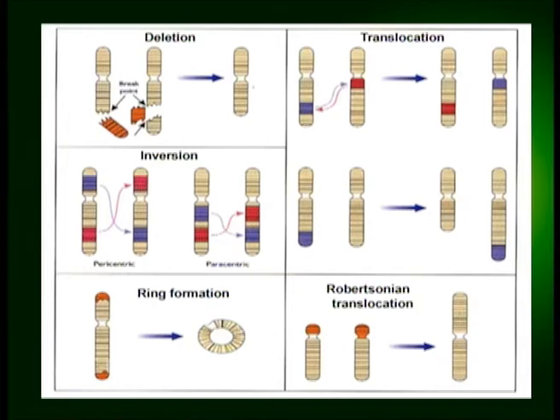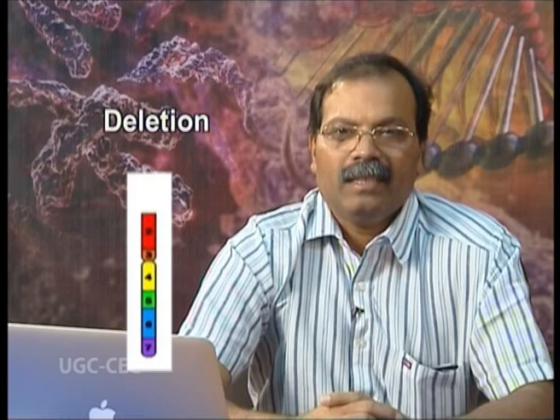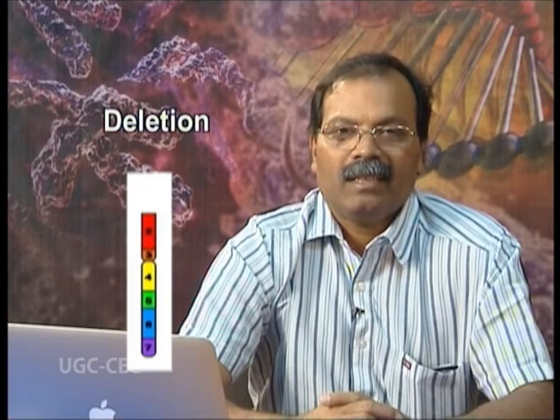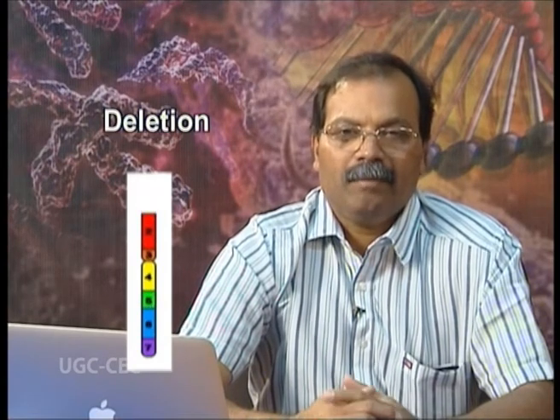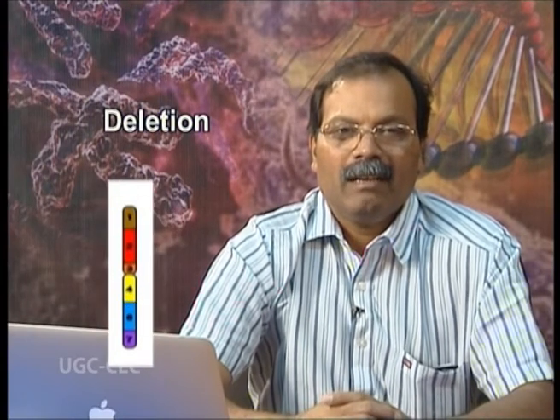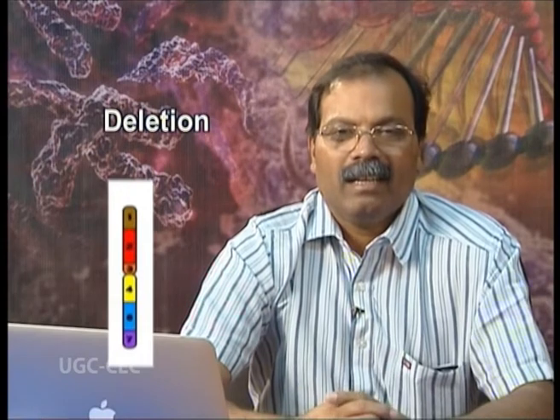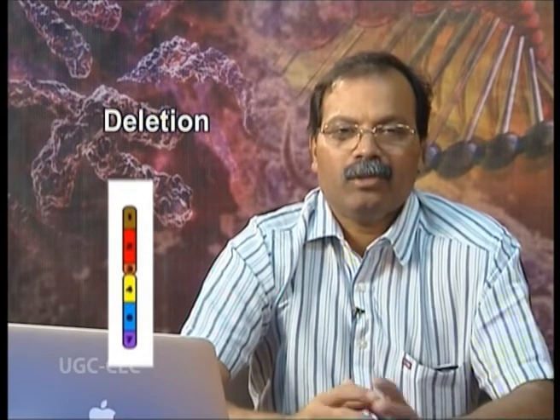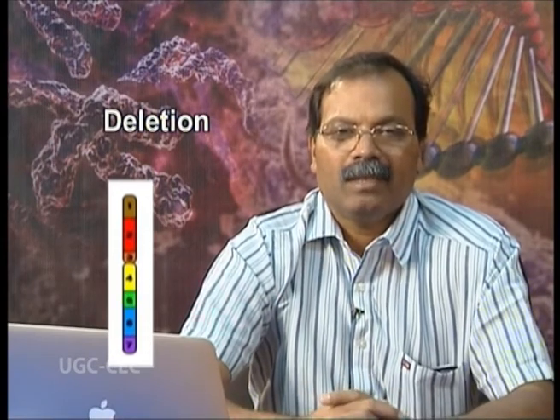Of course, these are all associated with different phenotypes, that means different diseases. As is shown here, the deletions are either at the tip of the chromosome or somewhere in the middle of the chromosomes. It breaks and the material goes away from the chromosomes.